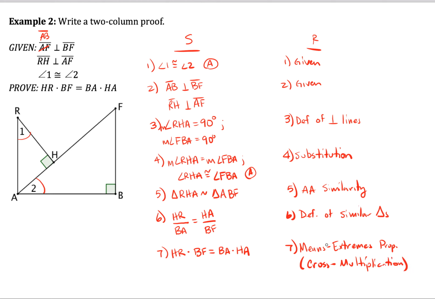It means the same thing pretty much as the means extremes property. It's easily understood, and that's the key to a proof. So there we have it, a proof using the angle-angle similarity postulate and the definition of similar triangles to state that these side lengths multiplied times each other would equal these other two side lengths multiplied times each other. So another usage of that angle-angle similarity.